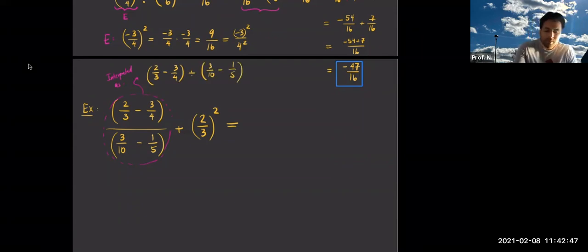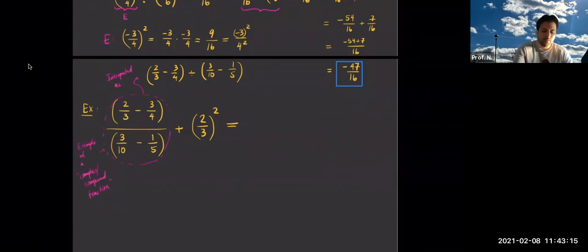Whenever you have fractions within a bigger fraction, that's called a complex or compound fraction. So this is an example of a quote unquote complex or compound fraction. That's when you have fractions within fractions.